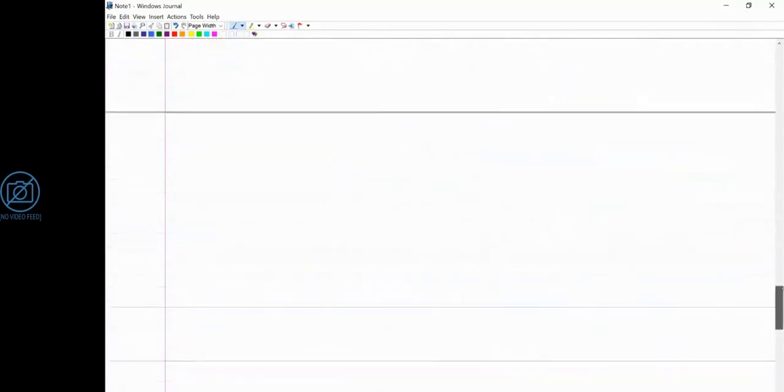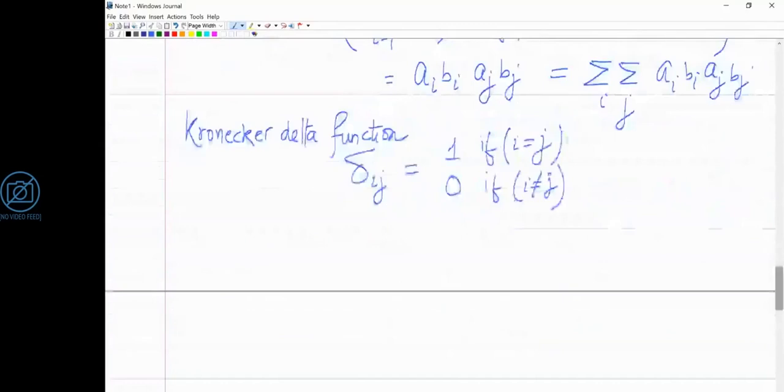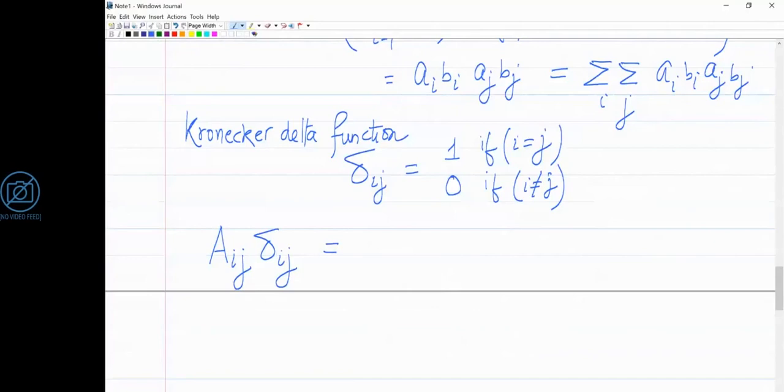Let me try to use this Kronecker delta in a summation convention. Suppose I have this expression a_ij delta_ij. So what does this mean? Here you have i also repeating and j also repeating, correct? So it's basically double summation.